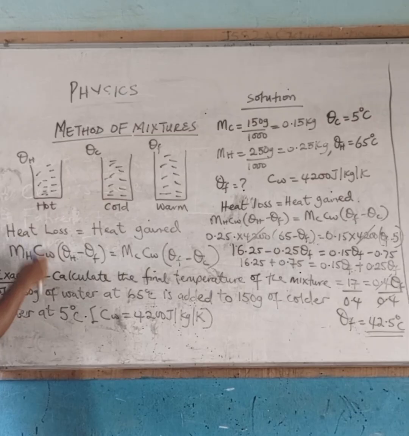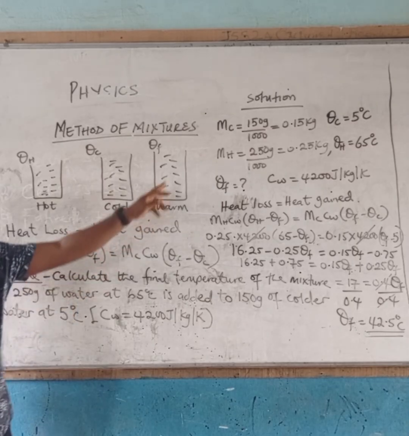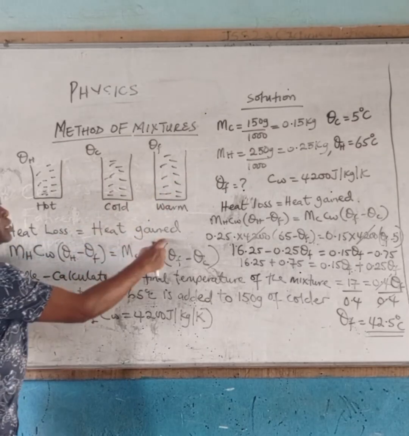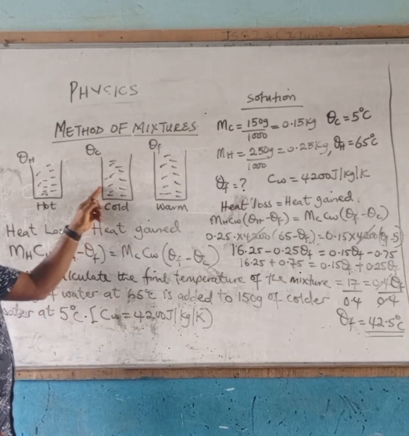For heat loss, our heat loss here is on this hot water. You can see this is the mass of the hot water, the specific heat capacity of water, and the temperature of this hot water, which is theta H, minus the final temperature, which is the temperature of the mixture, is equal to the heat gain, which is by cold water.